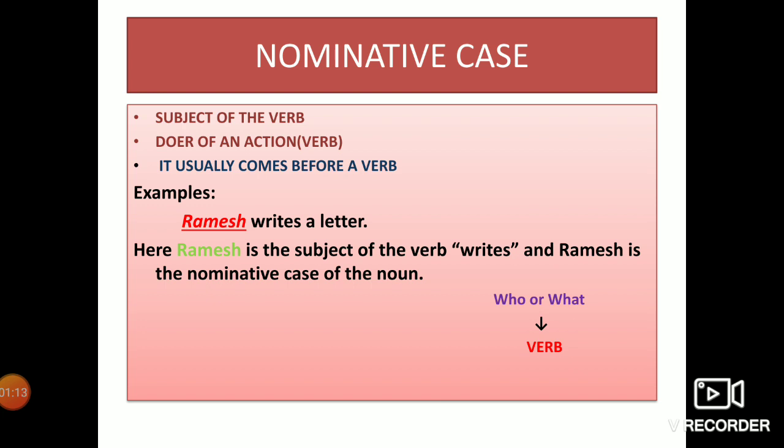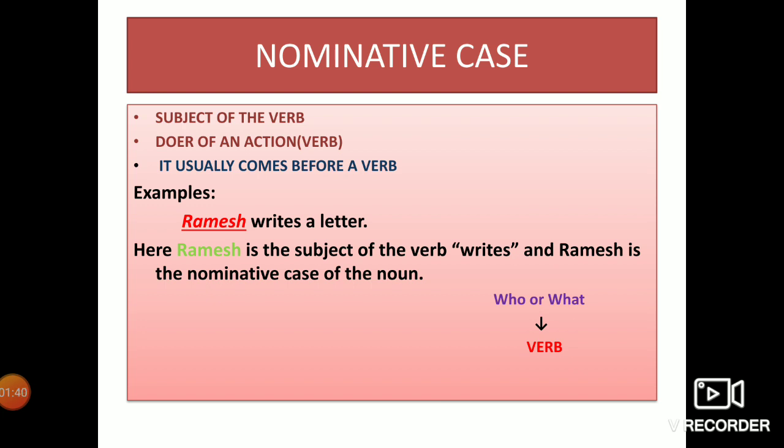Subject is also known as the doer of an action. It usually comes before a verb. For instance, Ramesh writes a letter. Here, Ramesh is the subject of the verb writes, and Ramesh is in nominative case because it acts as a subject.